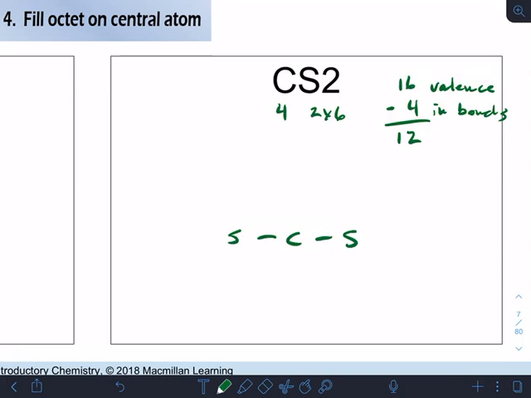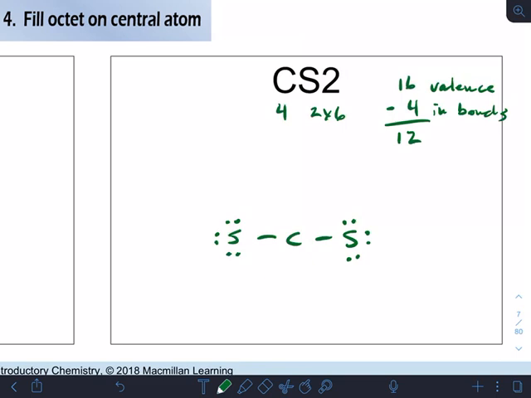The next step says to put those electrons on my outside atoms first to complete their octets. Right now, each of those sulfurs has access to 2 electrons, so I'm going to give each one 6 more to complete their octets. Fill up my outside atoms first.